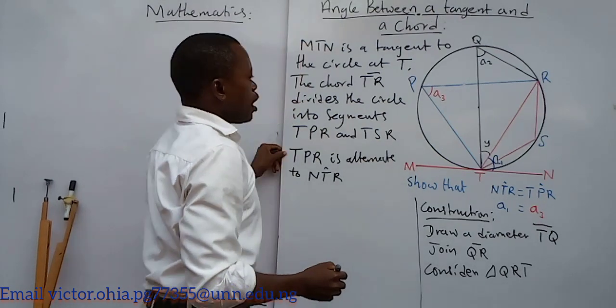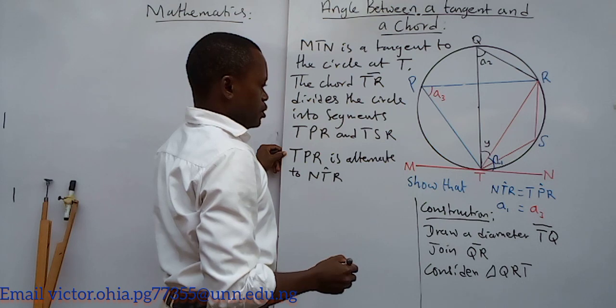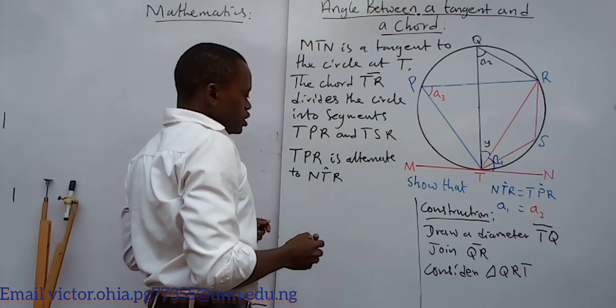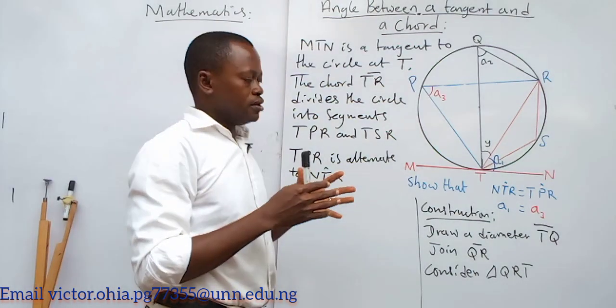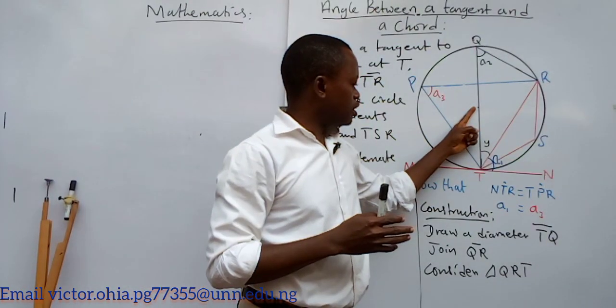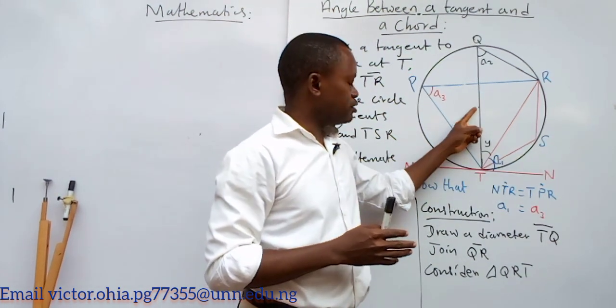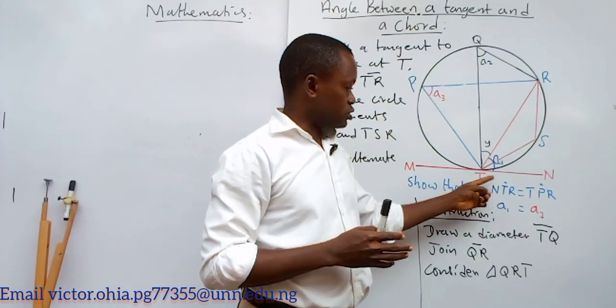In that triangle, you will realize something. Do you realize that we have a line coming down from here to this tangent? We have a line passing through the center of the circle. It touches the circumference, but it's also touching the tangent.